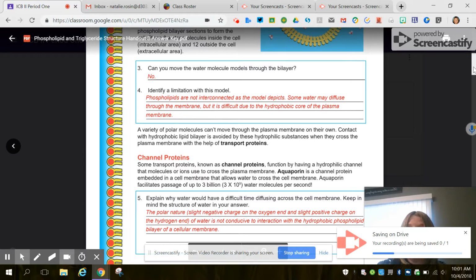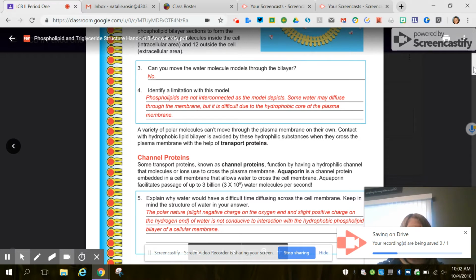Now, all proteins are embedded into that phospholipid bilayer that makes up the cell membrane and allows things to get across it. Aquaporin is specific to water, and it can move, like we talked about, lots of water molecules, like 3 billion water molecules per second, if it needs to do that.